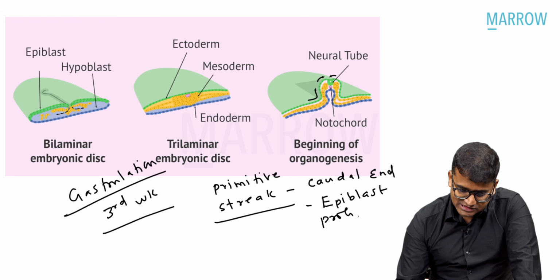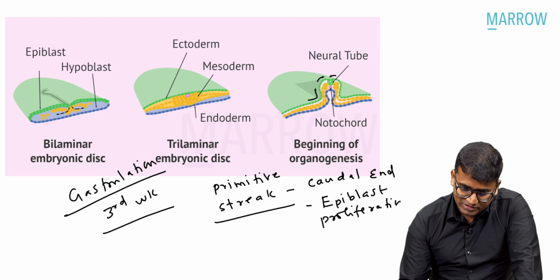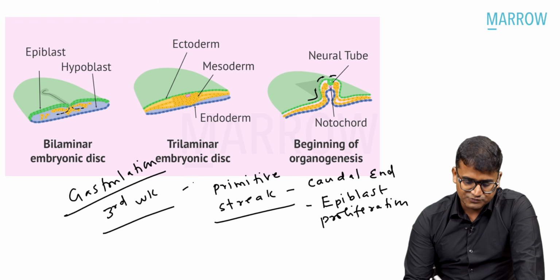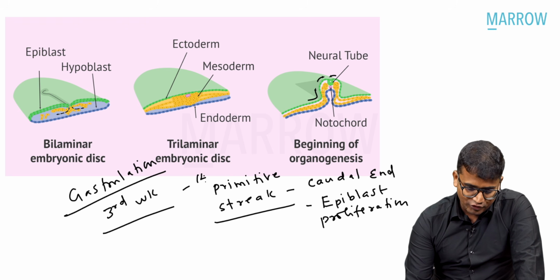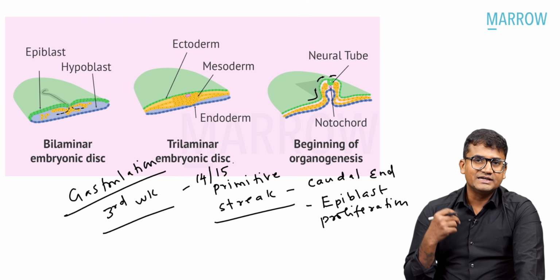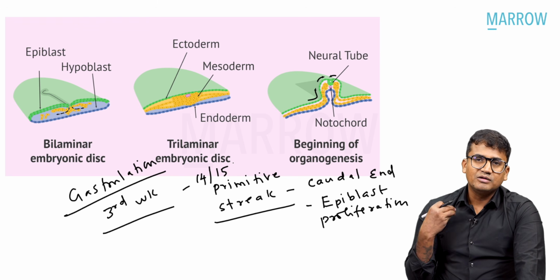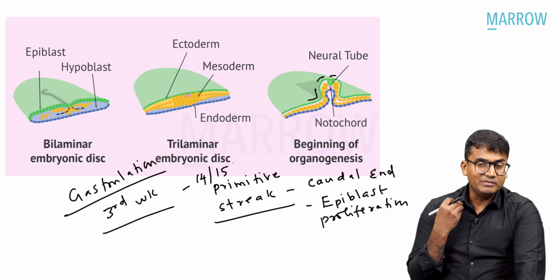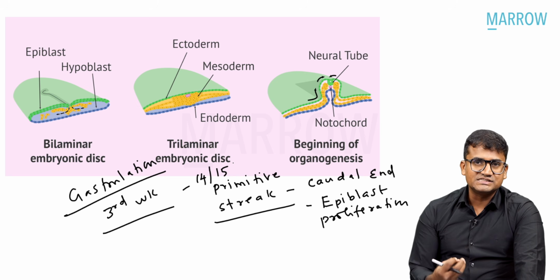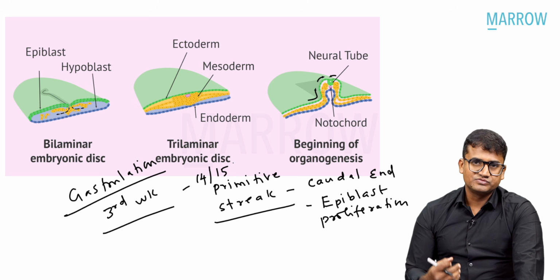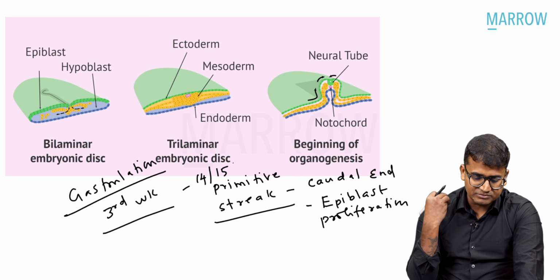It is formed by the 14th or 15th day, that is by the end of the 2nd week or beginning of the 3rd week. Its formation indicates the beginning of gastrulation. These are the 3 points you have to know about the primitive streak.